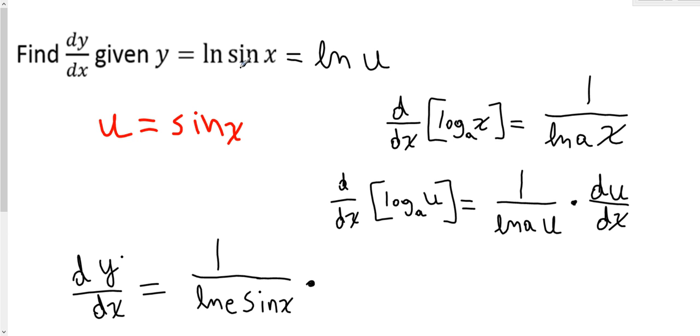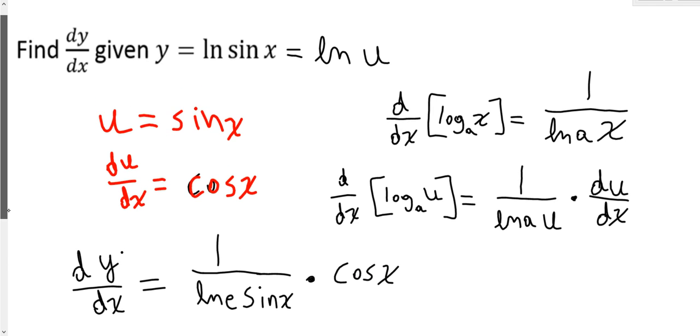So that's the derivative of this thing. du/dx is equal to the sine of x. So I'm multiplying here by the, oops, not the sine of x. Where's my head? The derivative of u with respect to x is the cosine of x. So I'm multiplying here by the cosine of x.